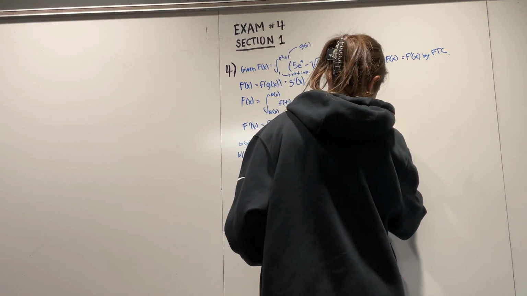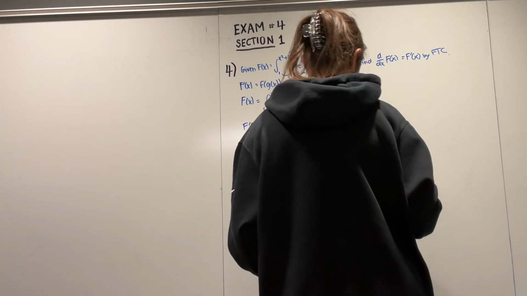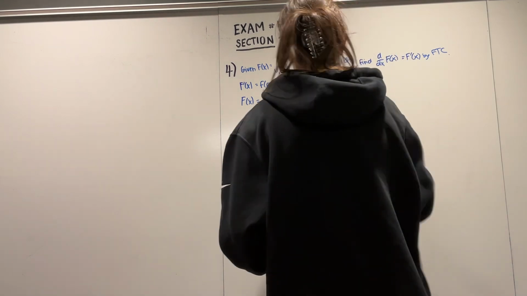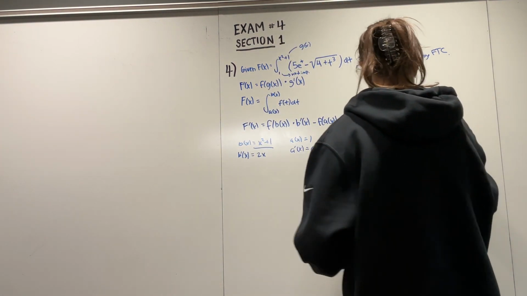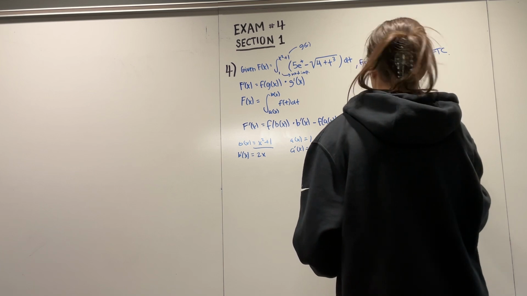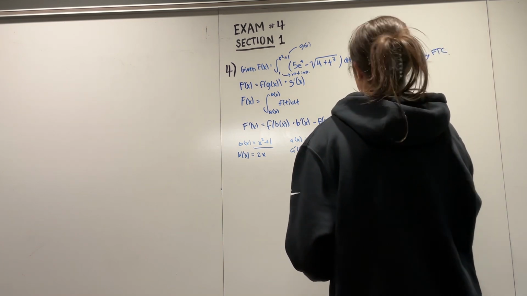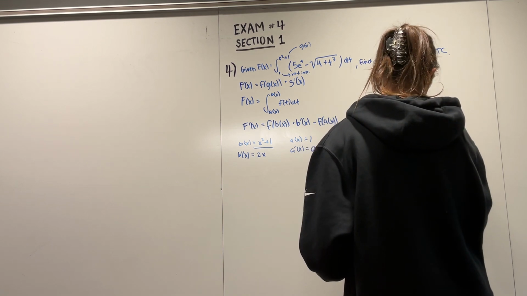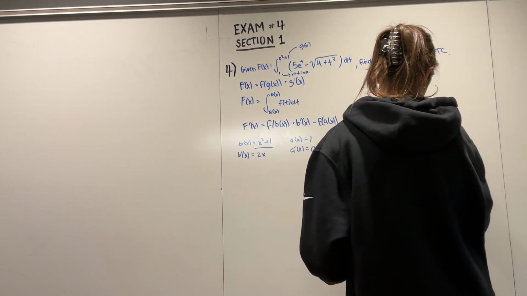So 5e to the x squared plus 1, and then minus the original square root, except instead of t cubed, it's going to be 4 plus x squared plus 1 cubed.